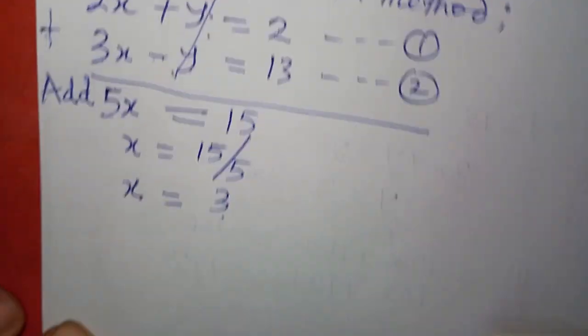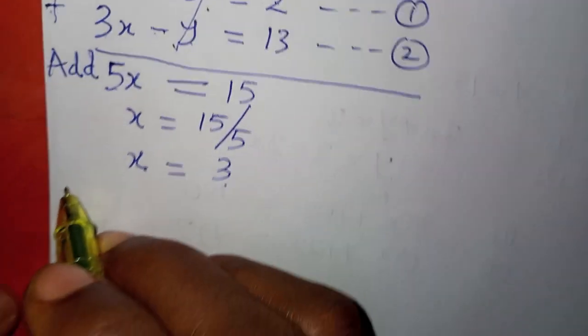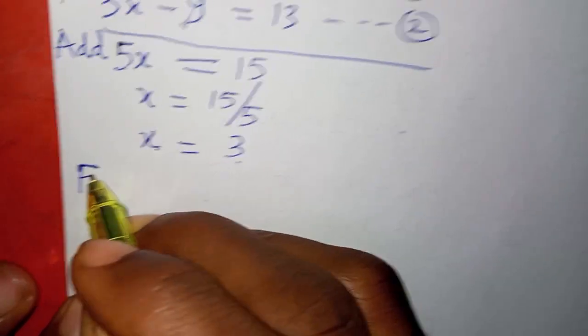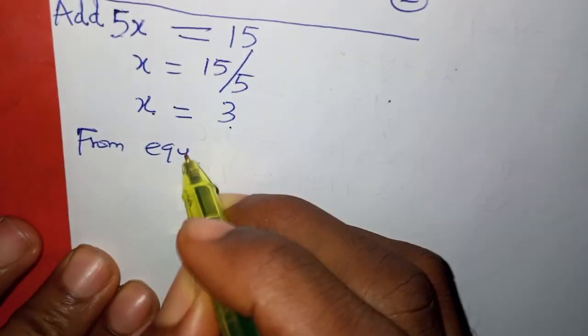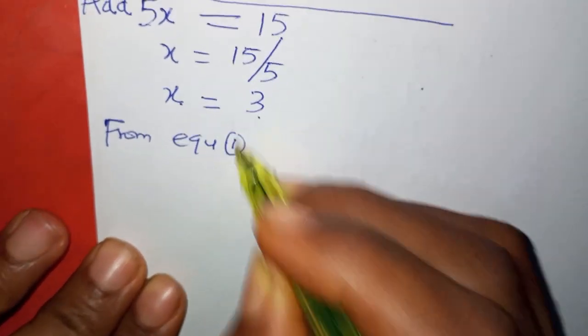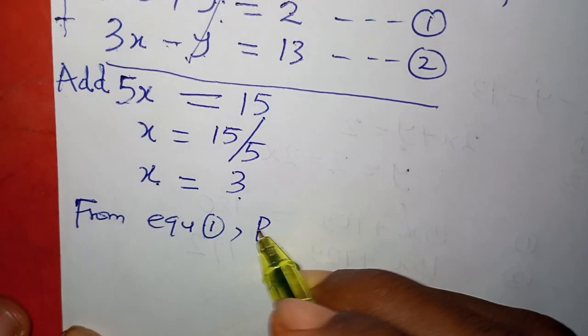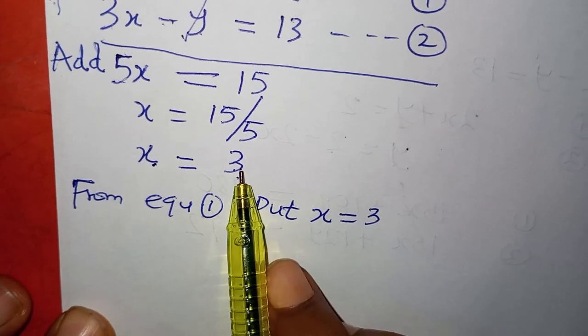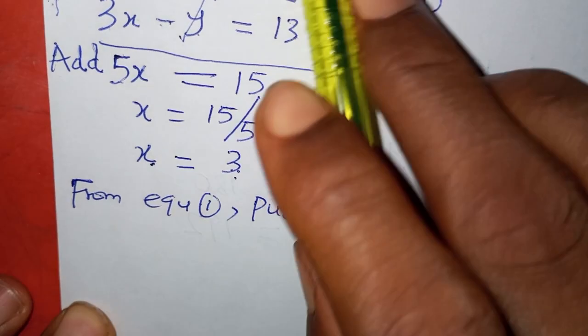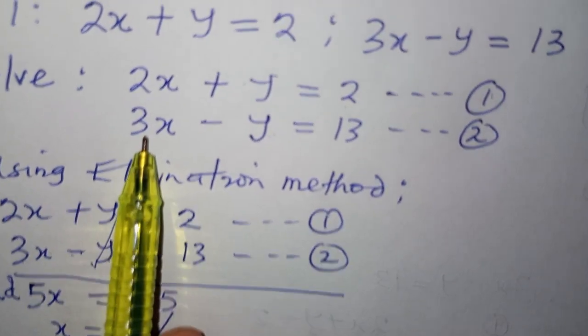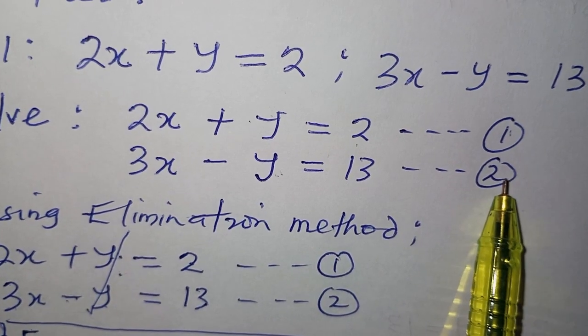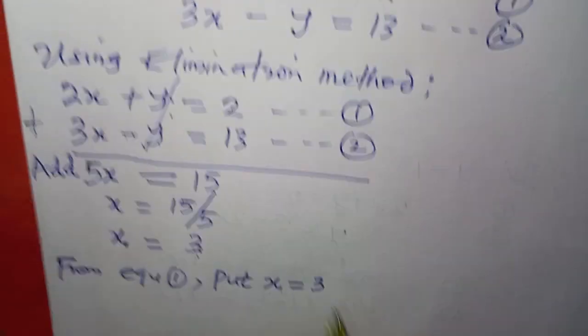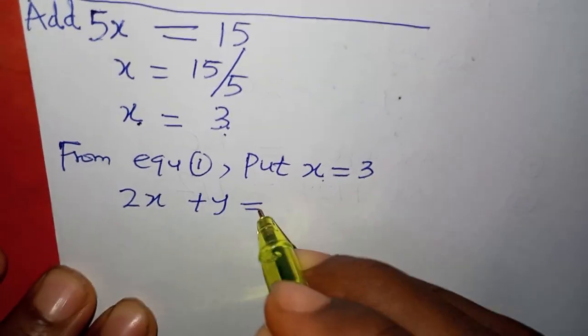Now I'll go back to my previous equation. From equation 1, put x equals 3, just as we have obtained here. So let's go back to equation 1. Now remember, you could also use equation 2 and you will get your result. So from equation 1, we are putting x equal to 3. So the equation is 2x plus y equals 2.